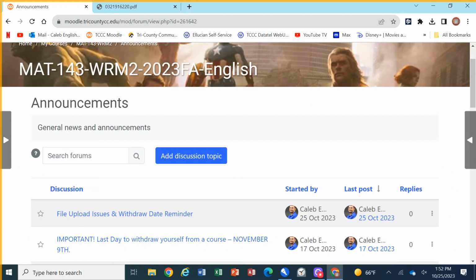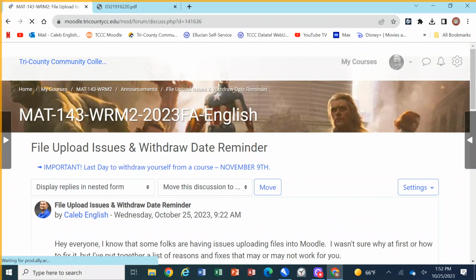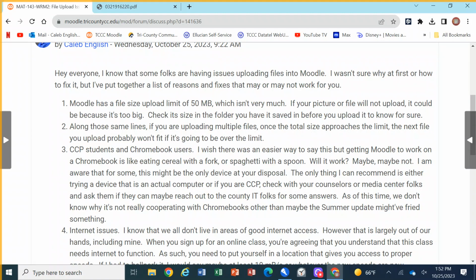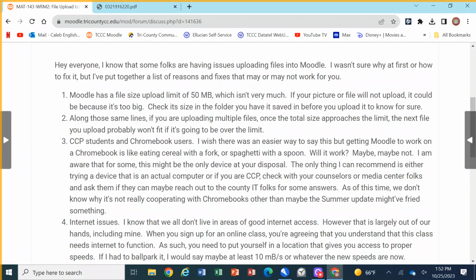Okay, let's see, what else did I put on here? Yeah, one way to fix it if it's too large, and I don't try to encourage people to do this, and I'll tell you why. But if you've got a lot of pictures and it's too much and it won't attach, try putting them into a Word doc.